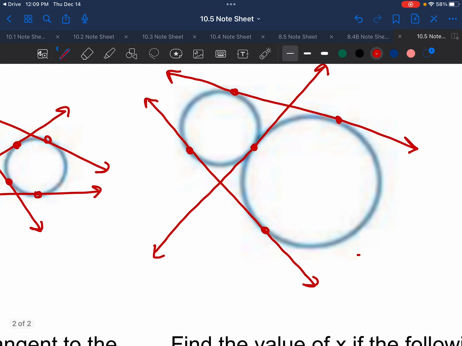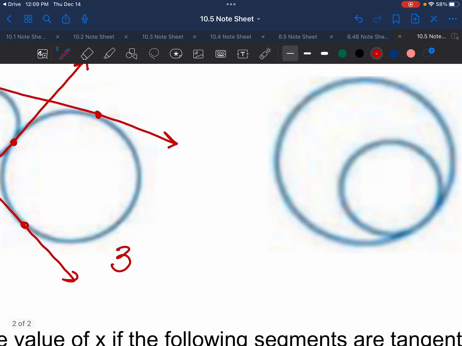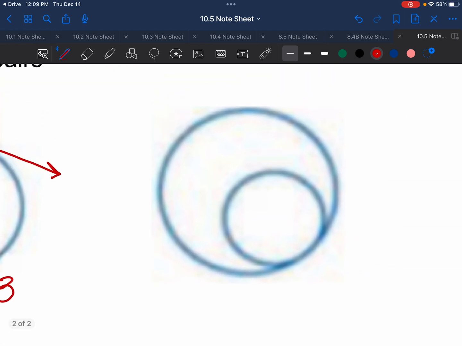So there are 3 common tangents. And then the last one. So these 2 circles are also tangent, but one is inside the other. So there's only one tangent line that these circles share.